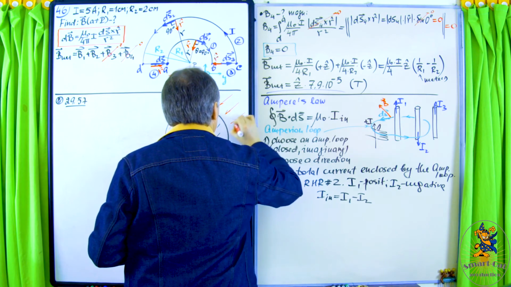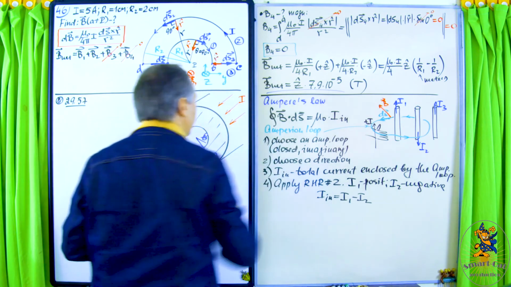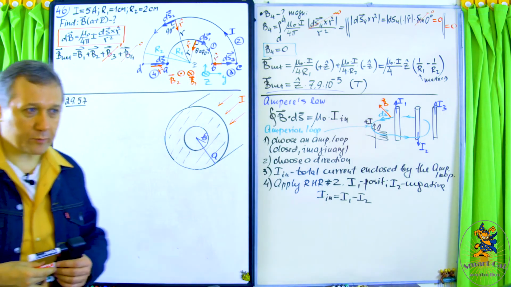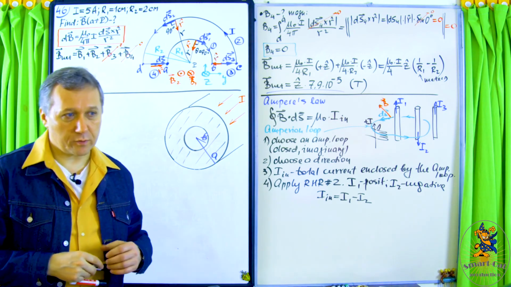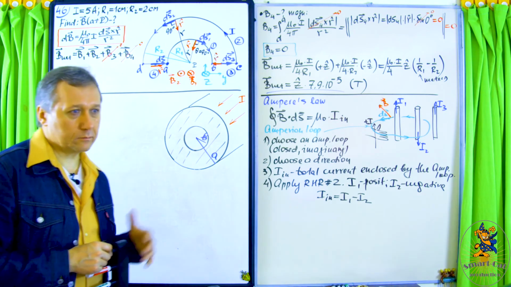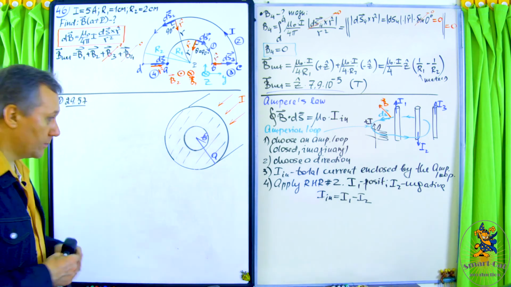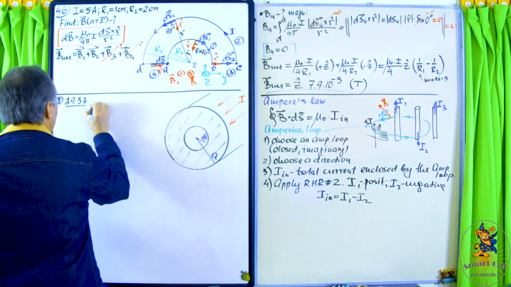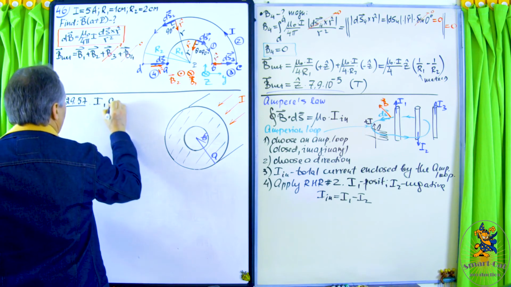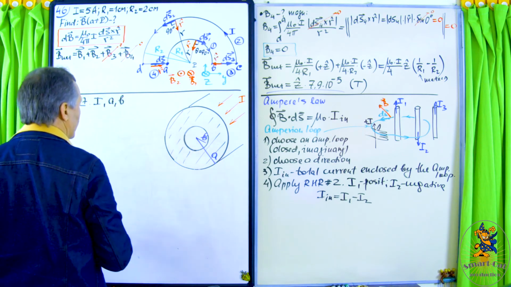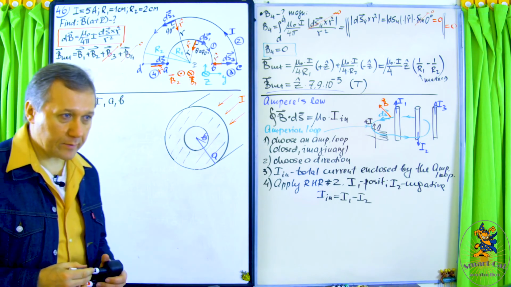We have a uniform distribution of current. In all the problems, we have uniform distribution of currents in order to make calculus simpler. What is given? Let me write down I, A, and B. So we need to find the magnetic field everywhere.